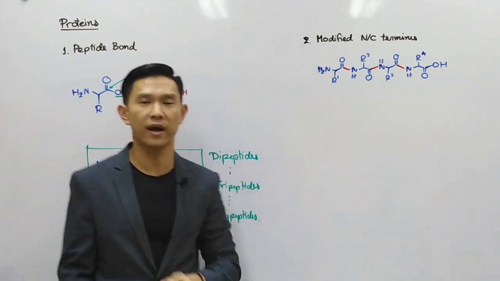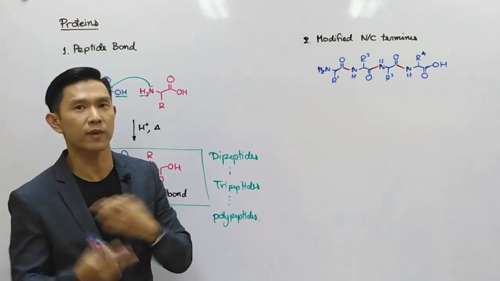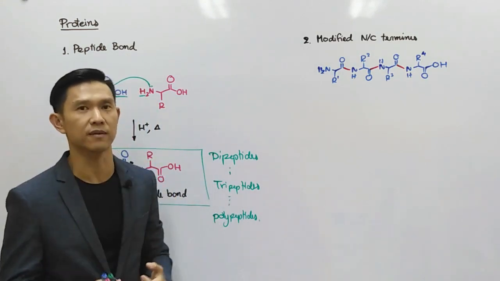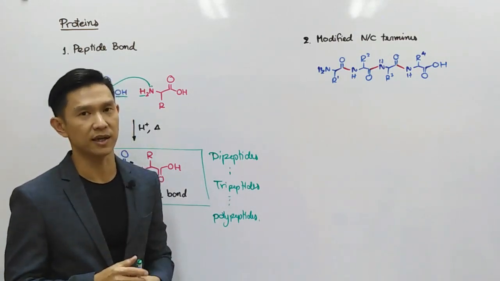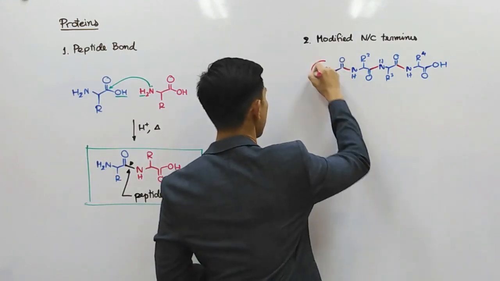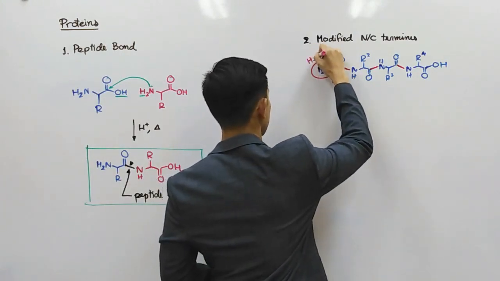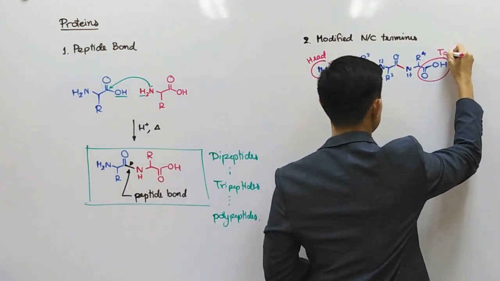So that means we have to use some kind of rule to make everyone in the world think in the same way, right? Normally, because we call this an amino acid, we will use the amino group here as the head and the carboxylic acid as the tail.